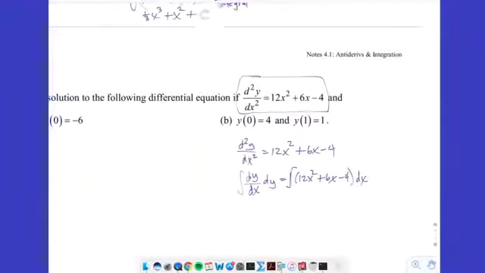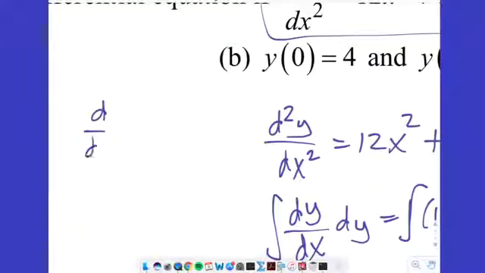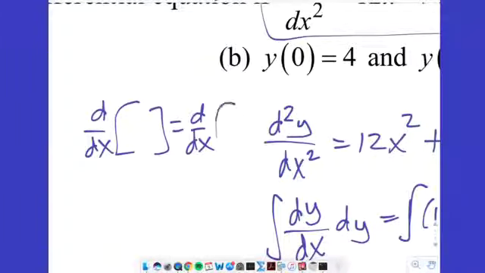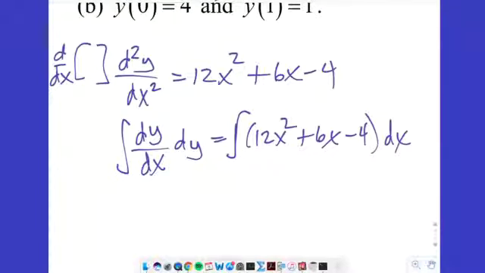It's kind of like when we take the derivative of both sides like we did with implicit differentiation. Remember, we first start off by saying d dx of this function equals d dx of this function. We took the derivative of both sides. Later I showed you the shortcut was just to do this. It's the same thing with the integral. You can actually take the integral of both sides.